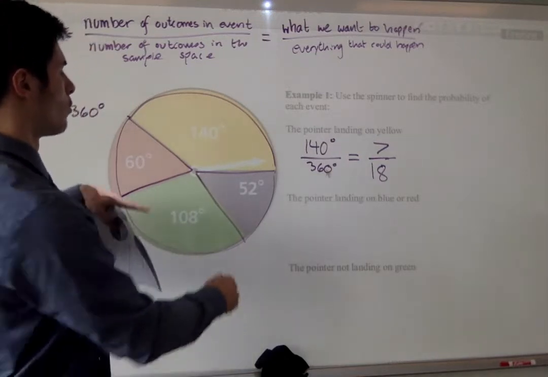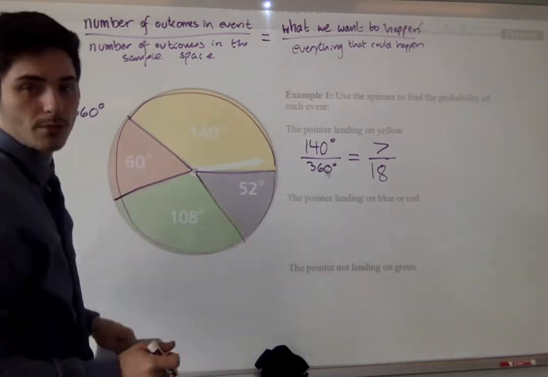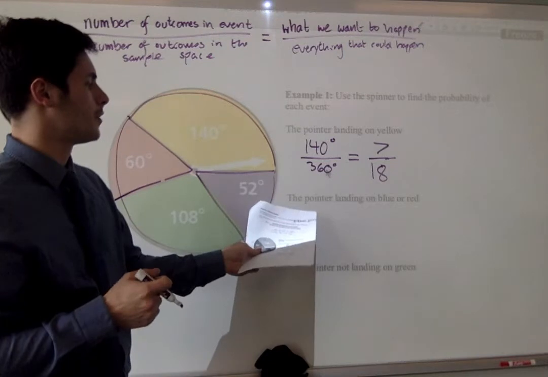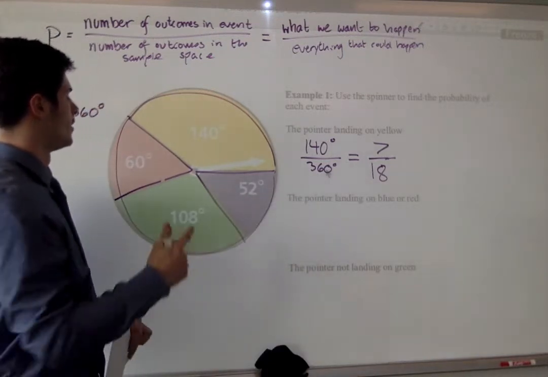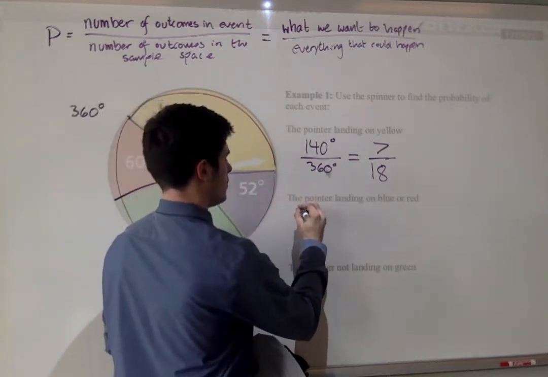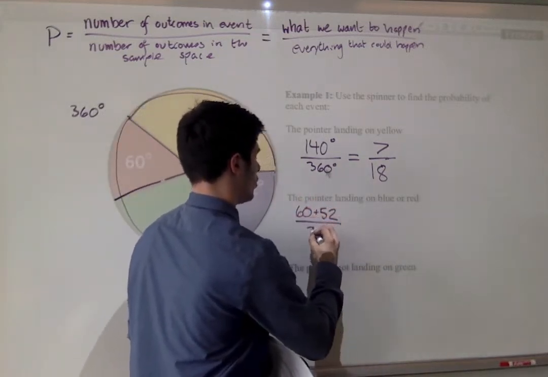If we could have blue or red, we want to include both of these because both of these are spots that we want. So the probability of the pointer landing on blue or red is going to be red plus blue over the total.